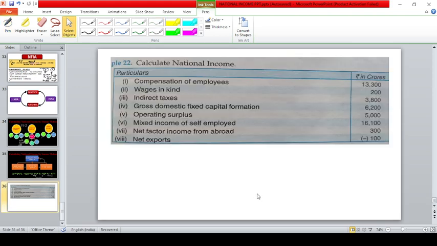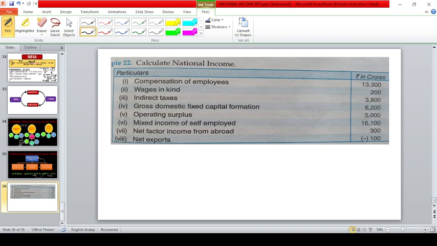Okay, students. Now, with the help of the example given over here, let us quickly calculate national income by income method. Whether it is given in the paper that you have to calculate by income method or not, it is okay. Why?